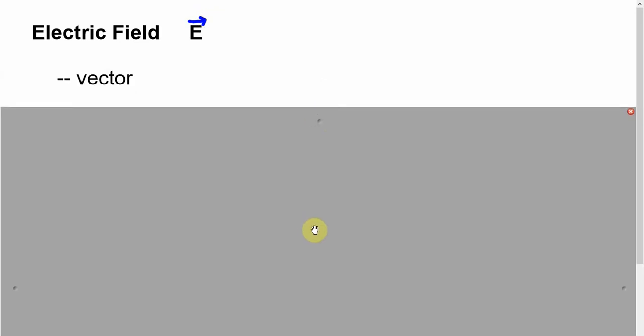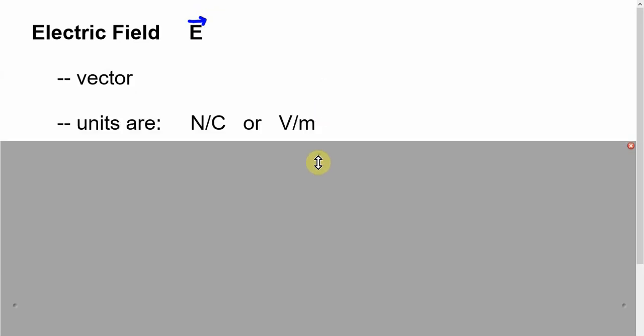Okay, so let's talk about this electric field, and get to the details. Again, it's E. It is a vector, so it has a magnitude and a direction. Its units are newtons per coulomb. You can see the force unit is here. So if we multiply the electric field by coulombs, by charge, we will get newtons.